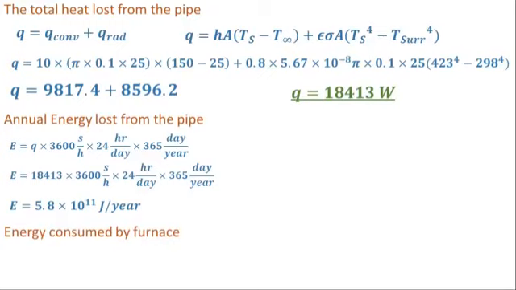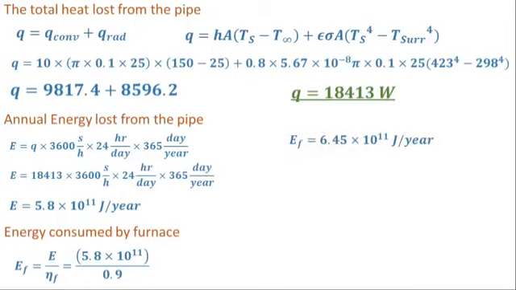Now we have to find how much energy is consumed by the furnace. The furnace has an efficiency of 0.9. EF is the energy consumed by the furnace. So the energy consumed by the furnace comes out to be 6.45 exponent 11 joules per year.